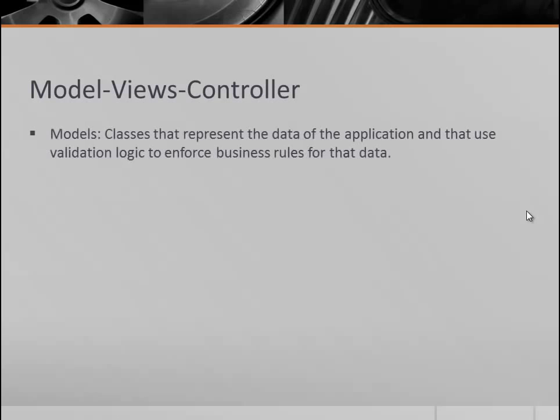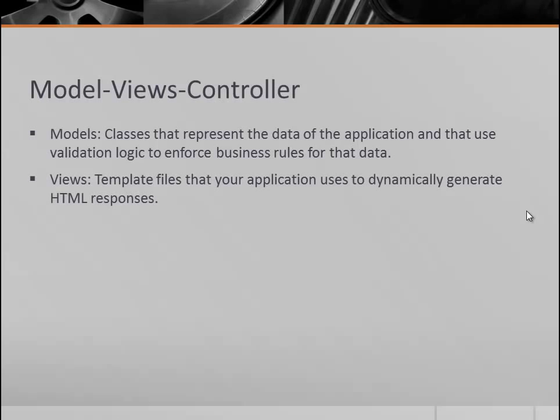More tangibly speaking, models are the classes that represent the data, and also the business rules of the application that you're building. There's also validation logic inside the model. The views are the actual web pages, and they are dynamically generated. We're also going to be talking about the new Razor view engine that is used in MVC4.